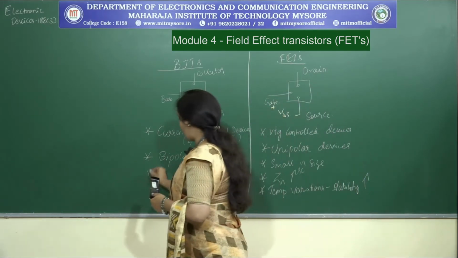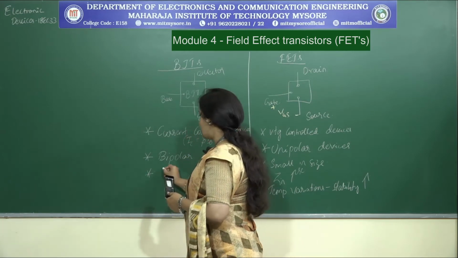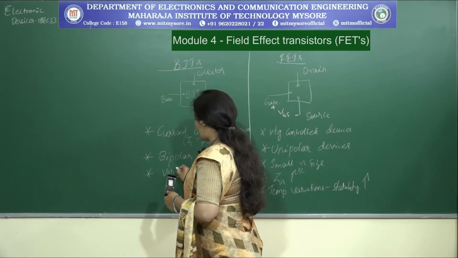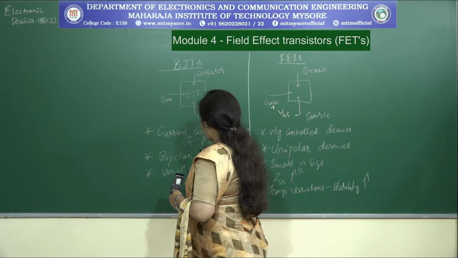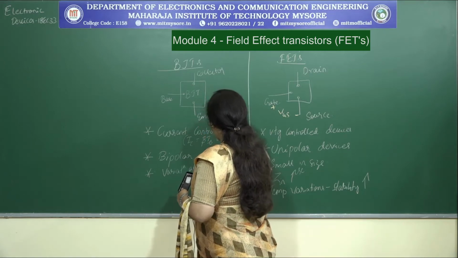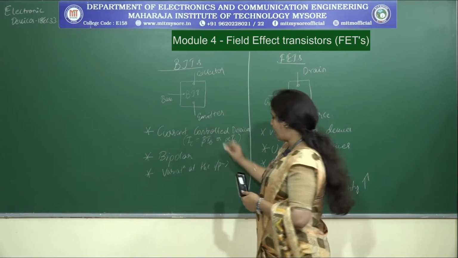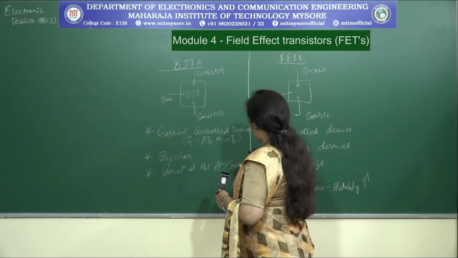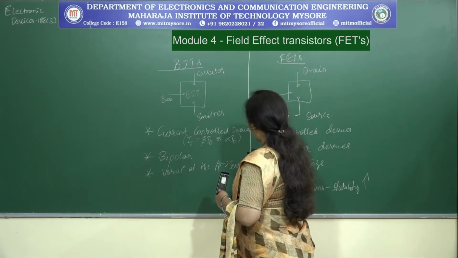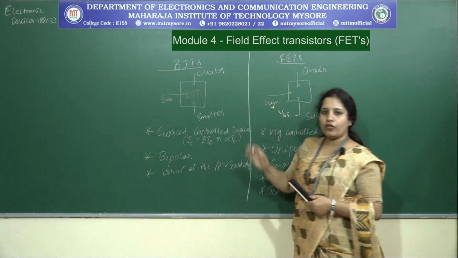And the next difference that I want to point out is regarding the variations that you can see at the input side. For that, BJTs have a greater sensitivity to respond when compared to that of FETs.